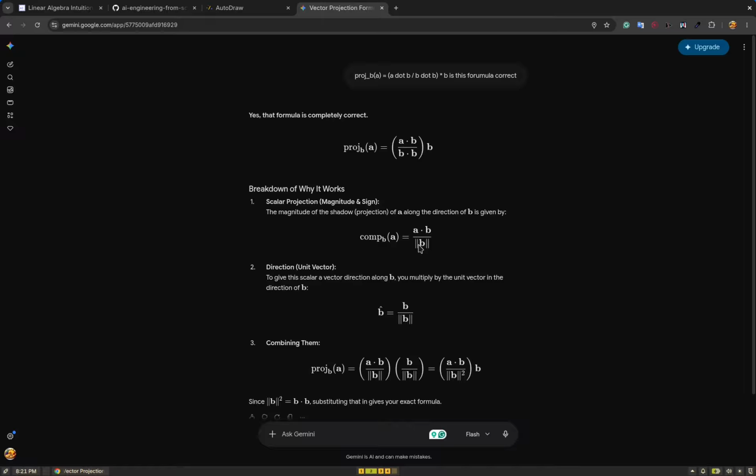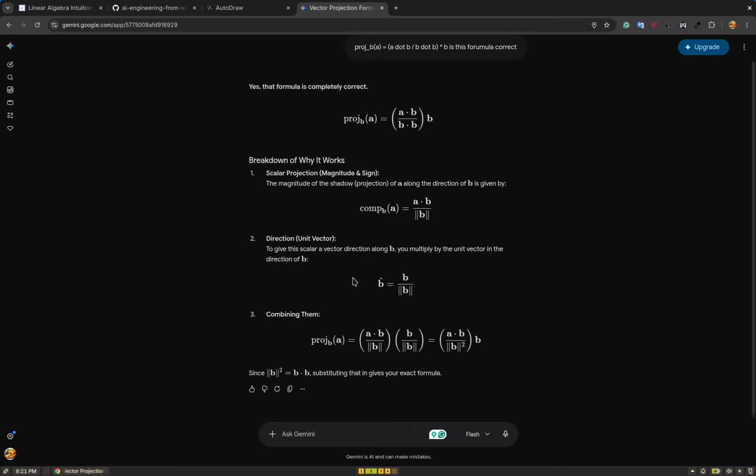A dot B divided by B magnitude. I can rearrange this to get B hat. So combining them, A dot B, this, and I have the unit vector.